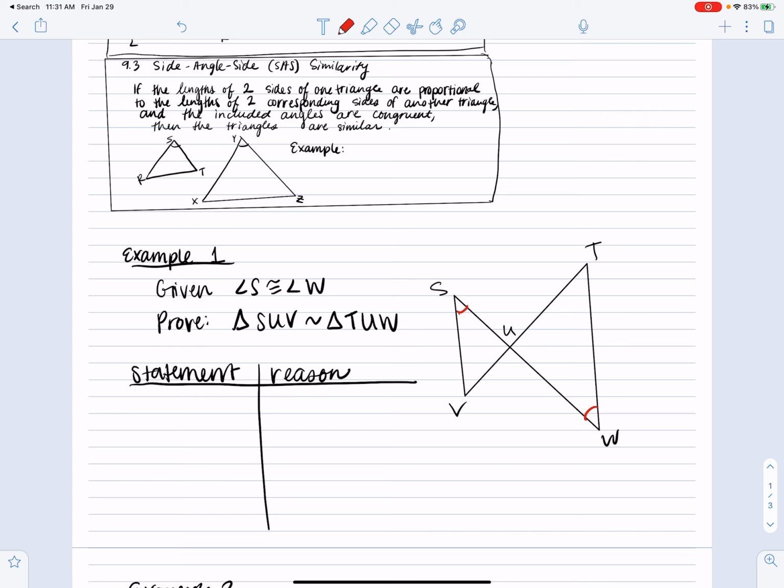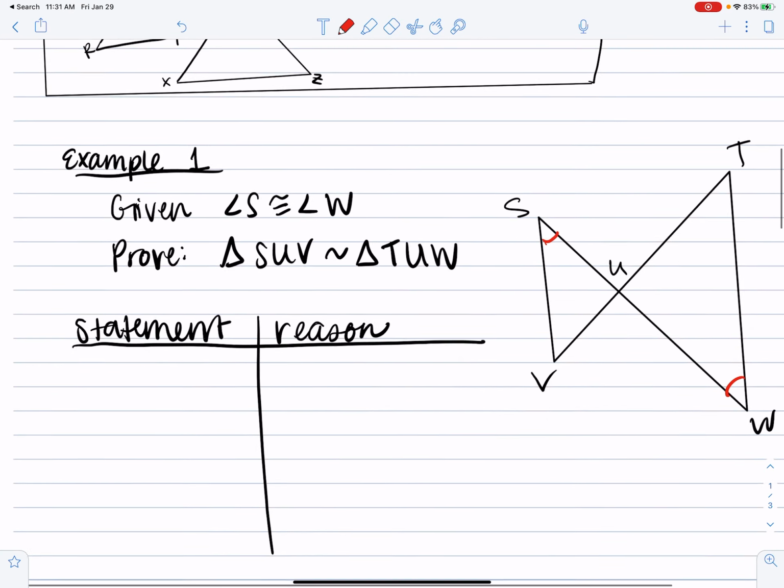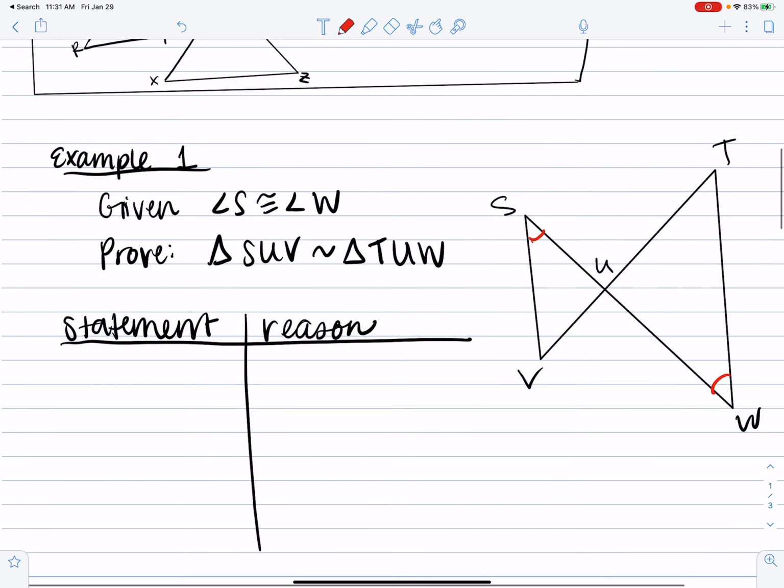So one thing we're always going to do is start with our given. Hopefully that will help us here. And it does, because now we have one set of angles congruent, and since no side lengths are given, we can't figure out if sides are proportional to each other.